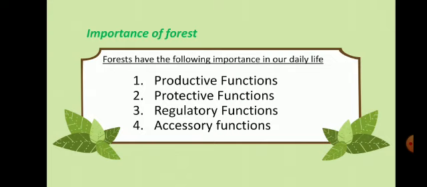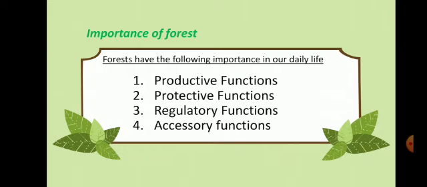Accessory functions of trees means that the forests provide habitat for the wildlife, that is, a home for the wildlife. And forest also provides aesthetics and recreation to human beings.